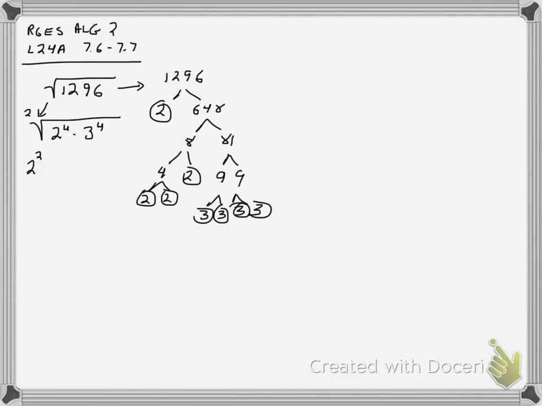Again, 3 to the 4th, 4 divided by 2 is 2, so that would be that in front. Nothing remains under the radical sign, because I had even numbers when I divided, and my answer will be 4 times 3 squared is 9, or 36.